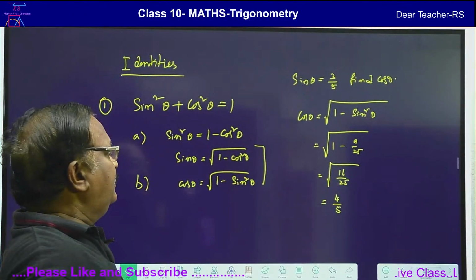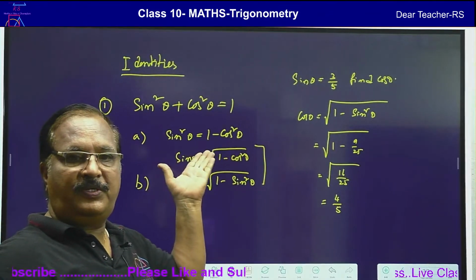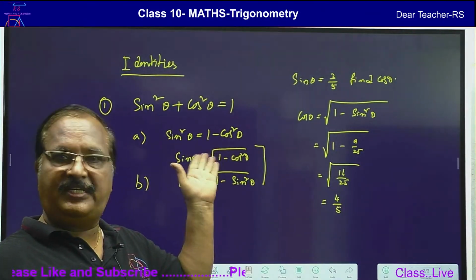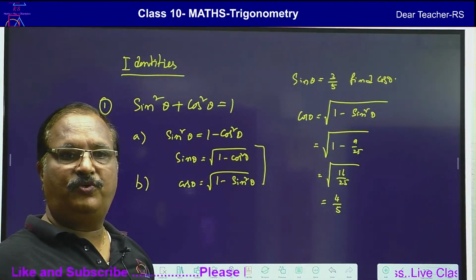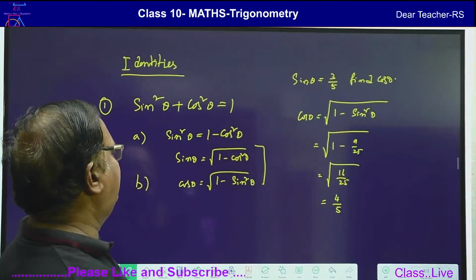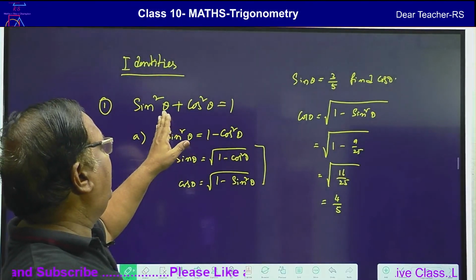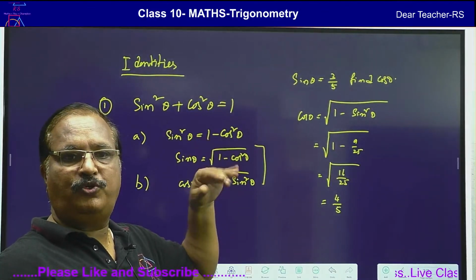Okay, so there is a proof also. Proof I am not going to teach you because I wanted to revise it very fast. So I will just give you a clue how to do the proof.